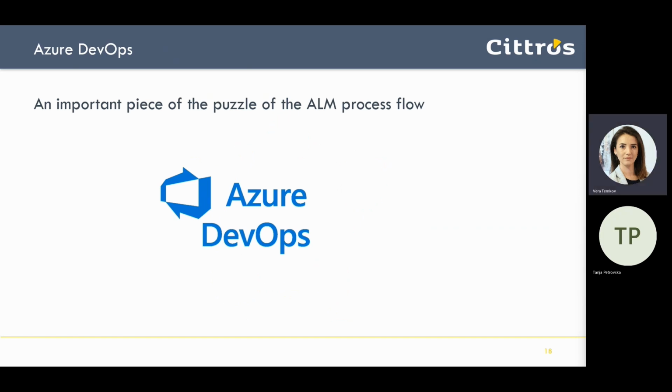All of those phases we just saw are being logged and tracked in Azure DevOps. Azure DevOps represents a central piece of the puzzle of the ALM process. And it is one of the platforms that together with LCS, Lifecycle Services, will support your deployment strategy.